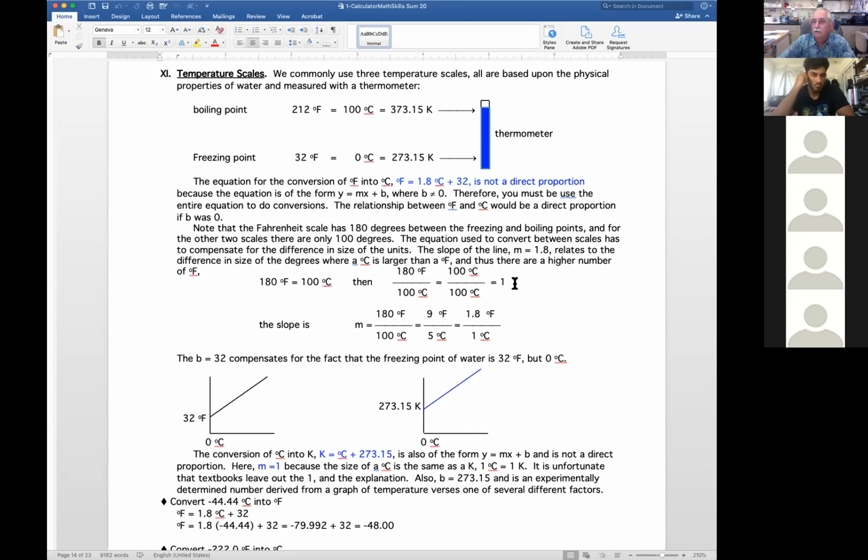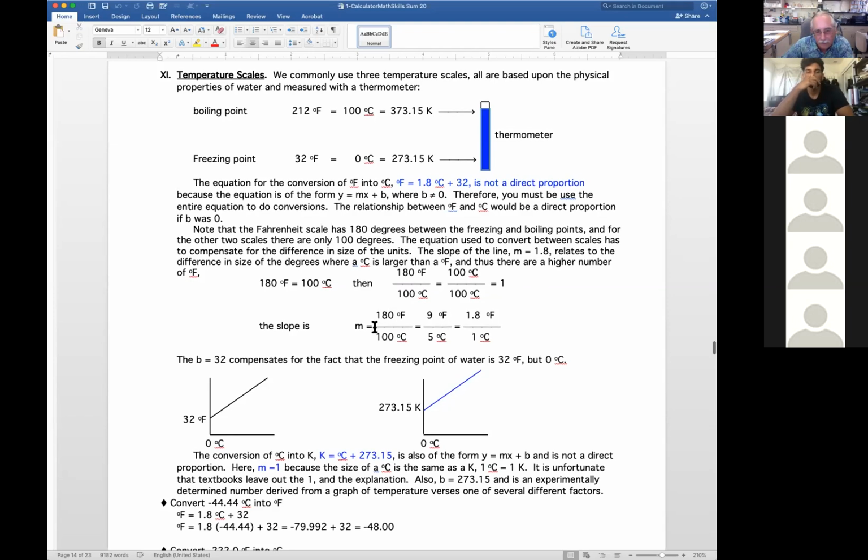It turns out that's the slope of the line. You can see it has 1.8 in there, but where'd that come from? Well, we have 180 degrees Fahrenheit for every 100 degrees Celsius or centigrade. If I divide top and bottom by 20, I get 9 and 5.